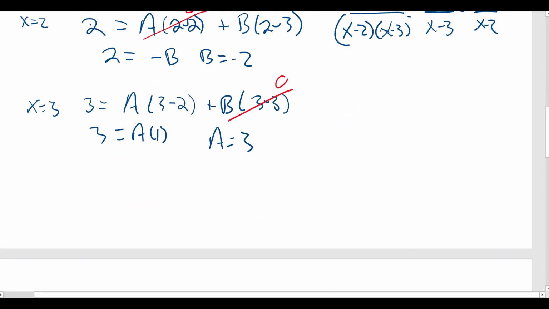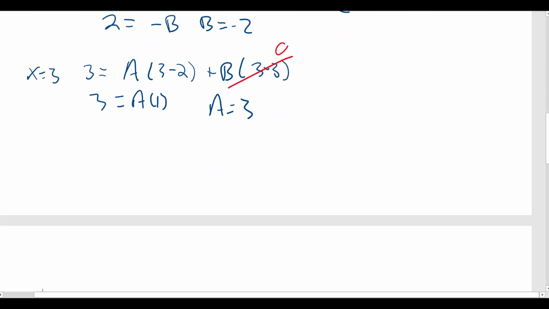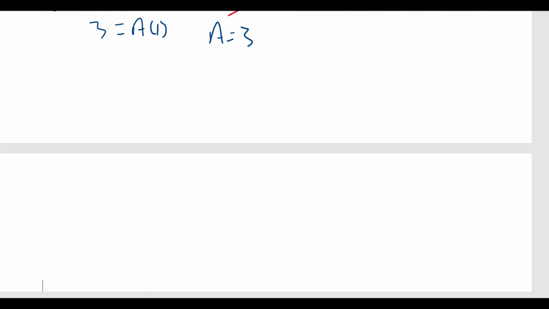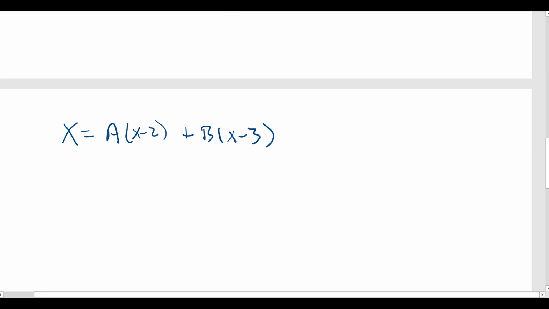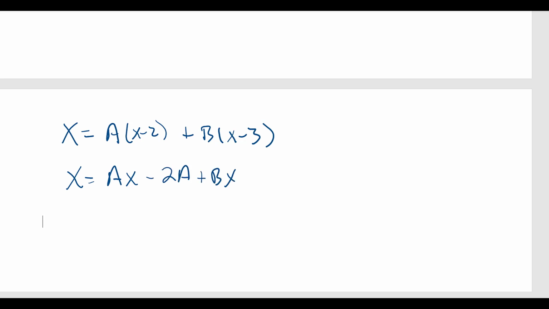Now, I want to show one other thing. So when we're back at x equals A times x minus 2 plus B times x minus 3, another way you could have done this, and this is more related to the system of equations, is you'd have x equals Ax minus 2A plus Bx minus 3B.